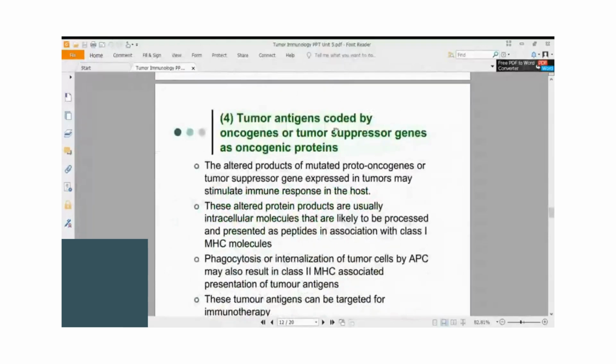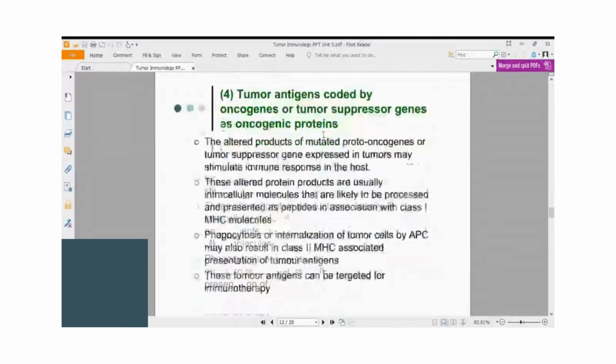Now let us say that the tumor cell dies. If the tumor cell dies in the initial stage, it may be phagocytized by the antigen presenting cell, and the macrophage plays a major role in scavenging of the dead cells.